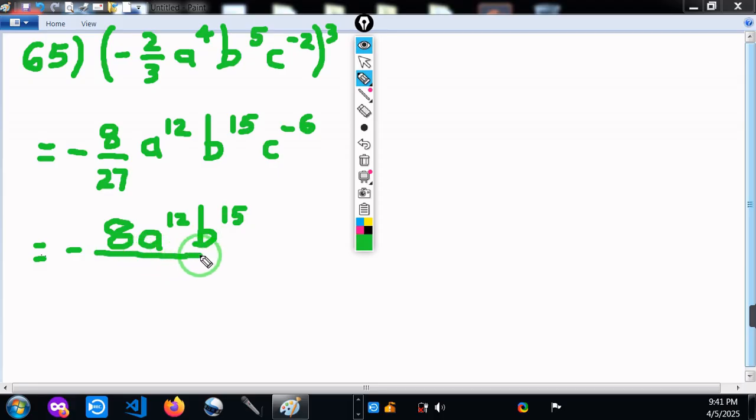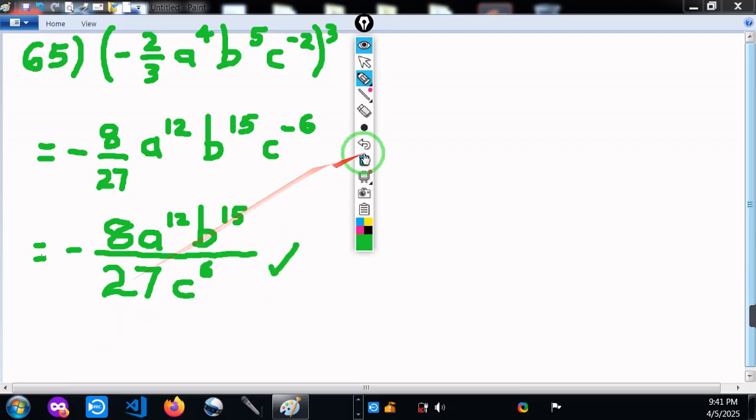You make it nicer with your ruler. The number down there is 27. The c to the negative 6 is 1 over c to the power of 6, and I will write it out neatly like that.